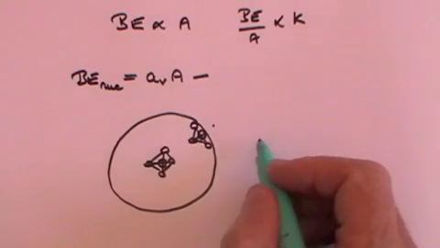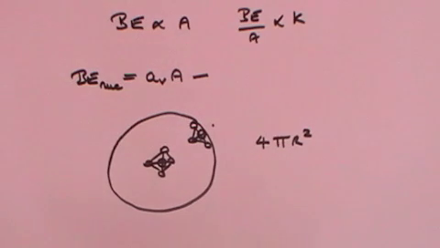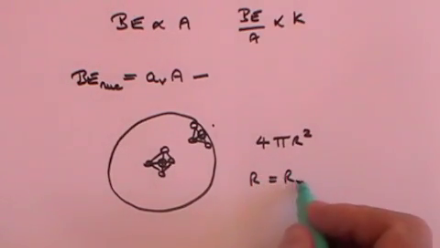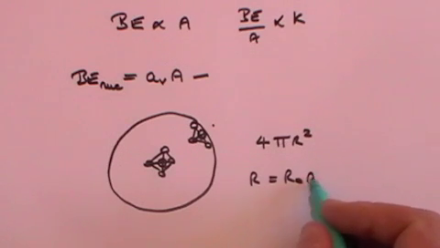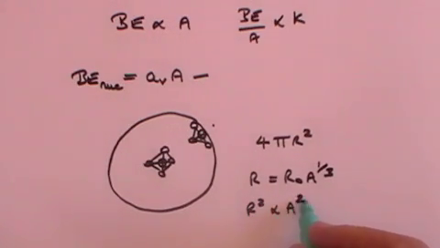So I've got to put a minus here because I'm reducing the binding energy as a consequence of the surface. What is the surface? Well, it's 4 pi r squared, where r is the radius. And we learnt in our A-level physics that the radius is equal to some constant, which we call r0, times A to the 1/3, where A again is the nucleon number. So obviously r squared is going to be proportional to A to the 2/3. You just square both sides.